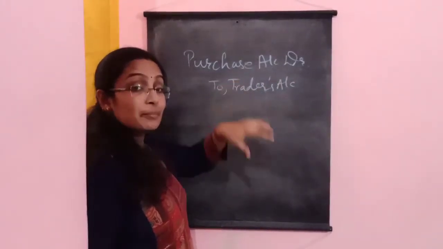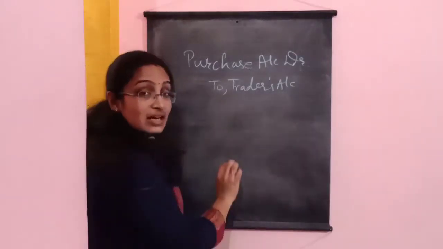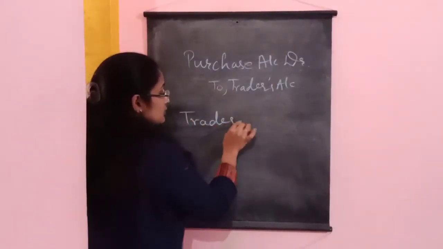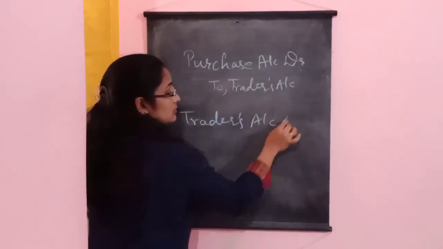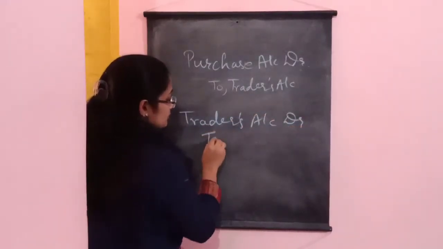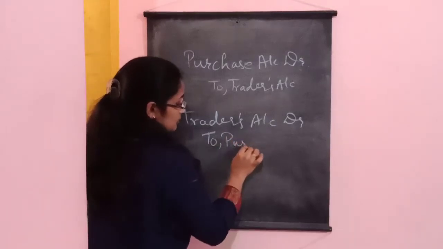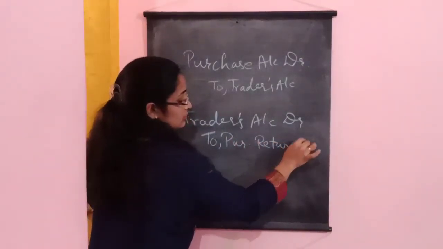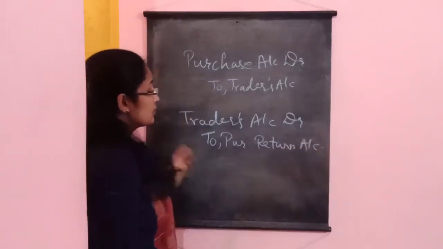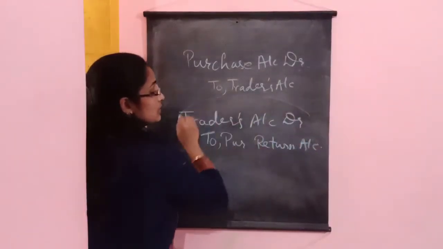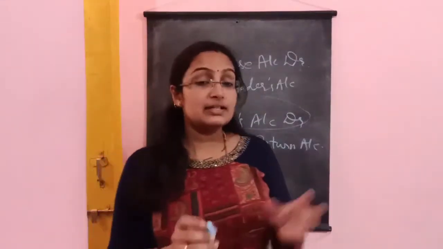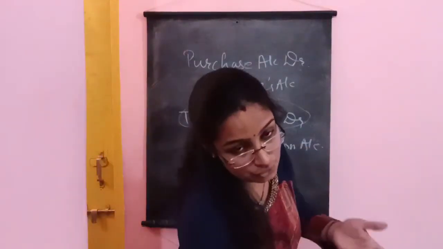But on purchase return, the trader's account is debited, that is, trader's account debit to purchase return account. So here the trader's account is debited, due to which we send a debit note to the trader.